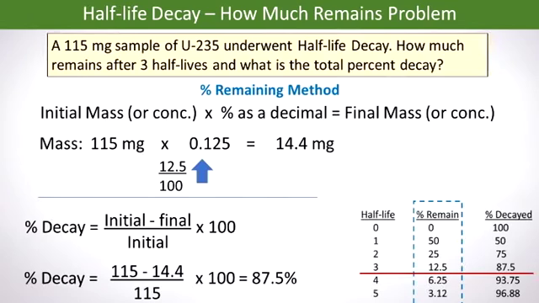For simplicity, we have omitted the units from the percent decay calculations. Therefore, for our problem, a 115 milligram sample of uranium will have a concentration or a mass of 14.4 milligrams after 3 half-lives, which accounts for 87.5% of the decay.